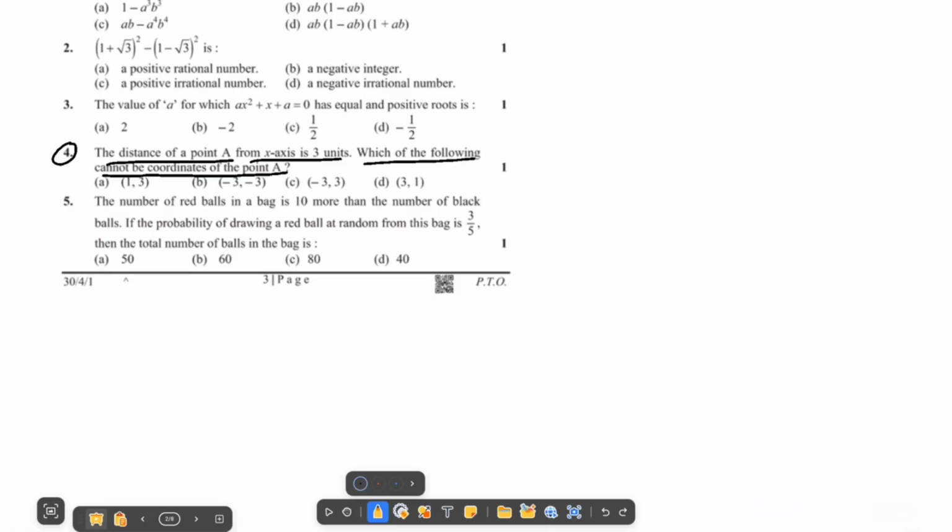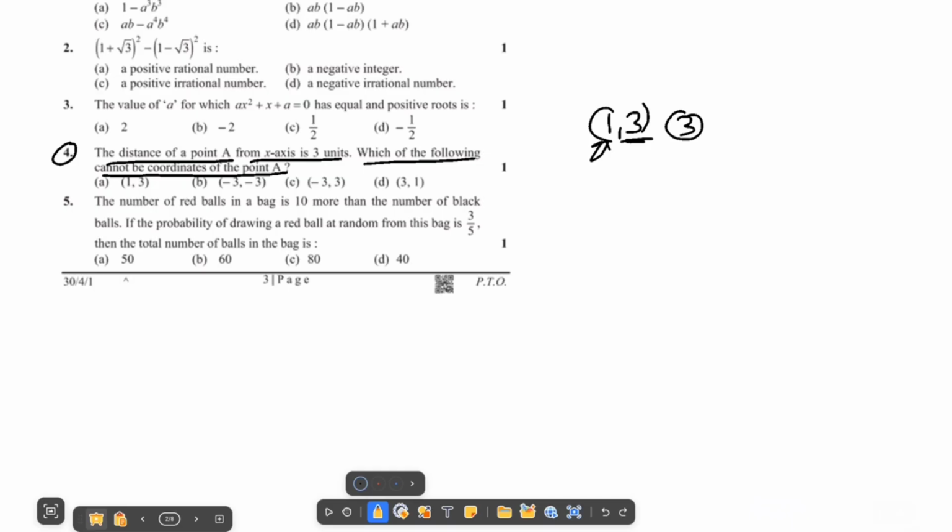If you take option A, 1 comma 3, the x coordinate will tell the distance from the y axis, and the y coordinate will tell us the distance from the x axis. Here y coordinate is 3, so it is 3 units from the x axis. So 1 comma 3 can be coordinates of A, no problem.